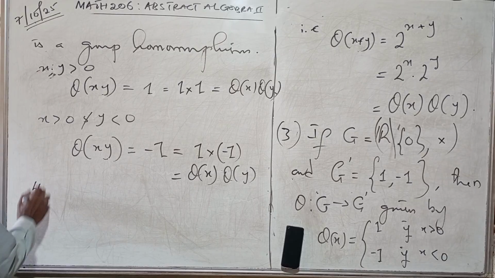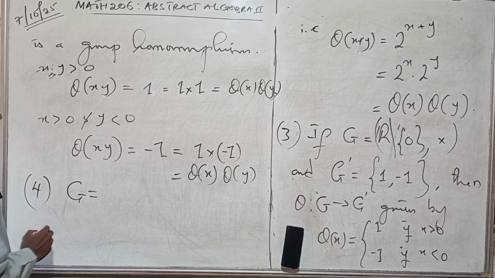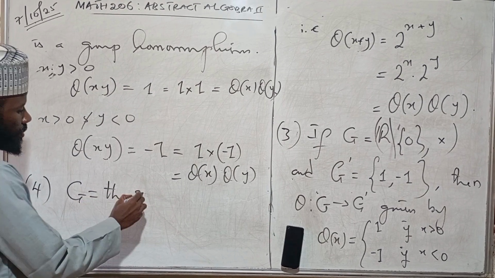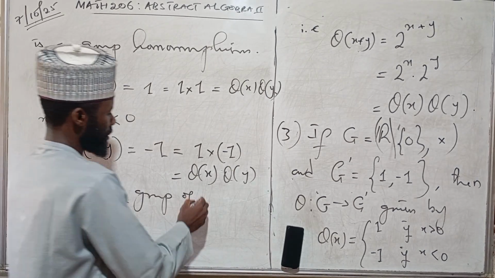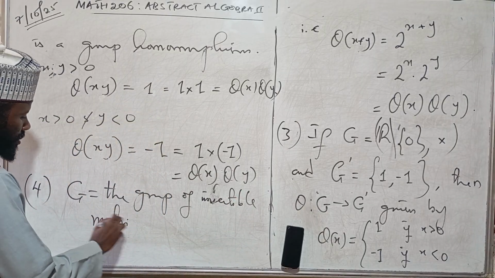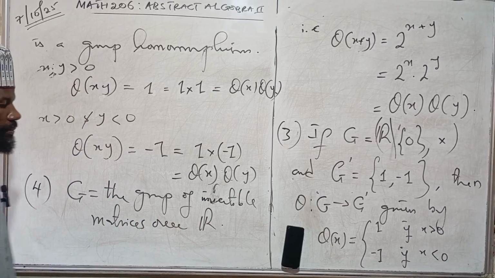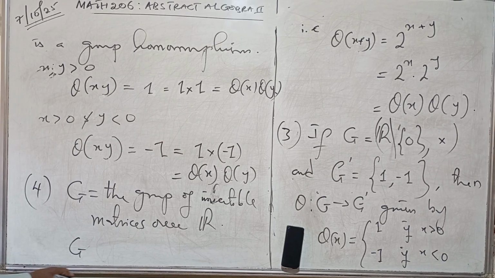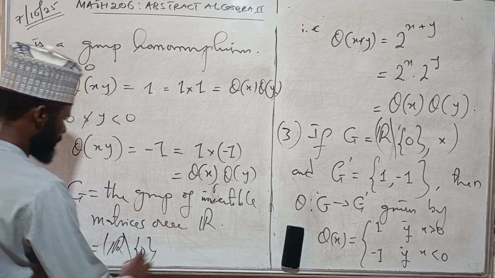Well, the last one, and I will not go into the detail, is to tell you that if you take the group to be the group of invertible matrices with non-zero determinants over the real numbers, and take G prime to be the group of non-zero real numbers under multiplication.